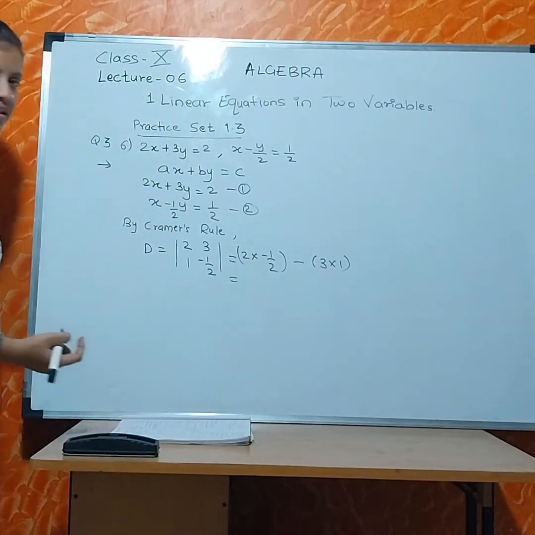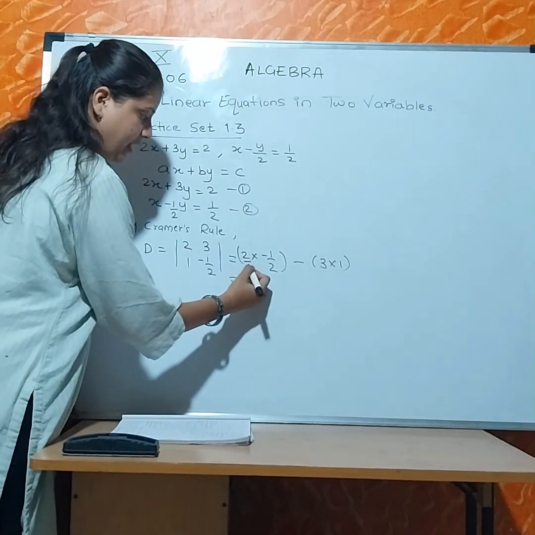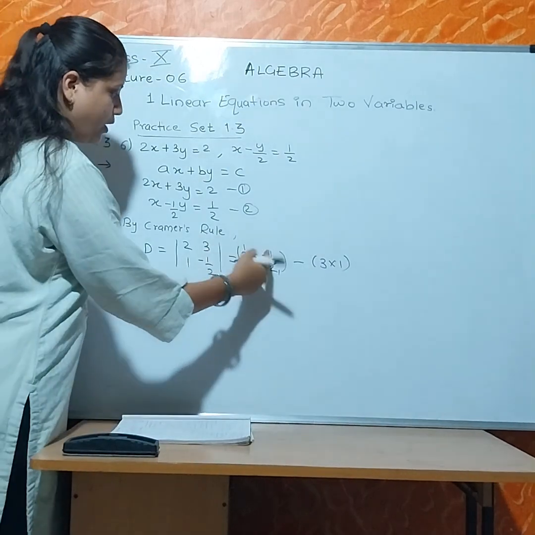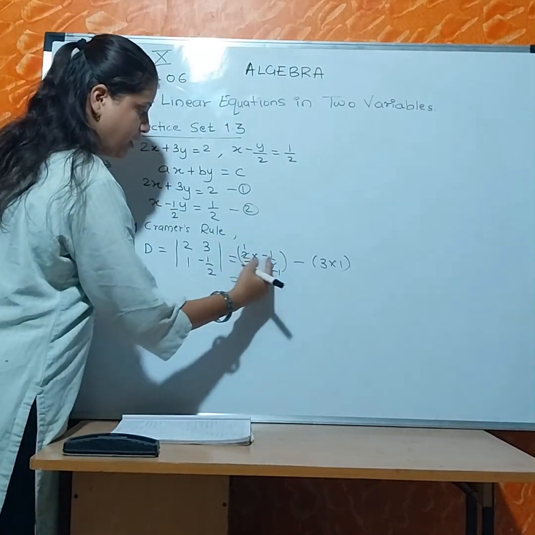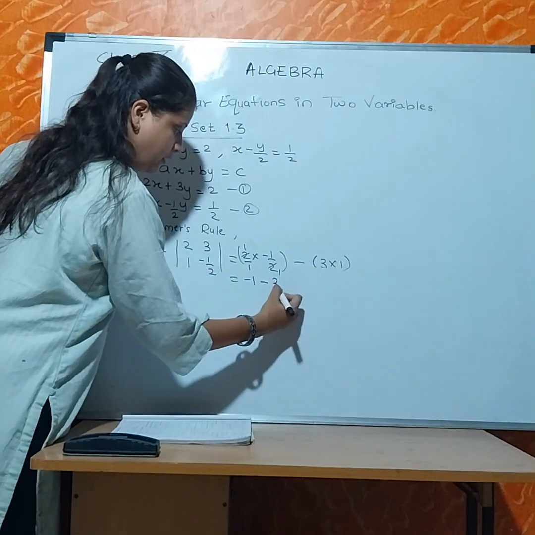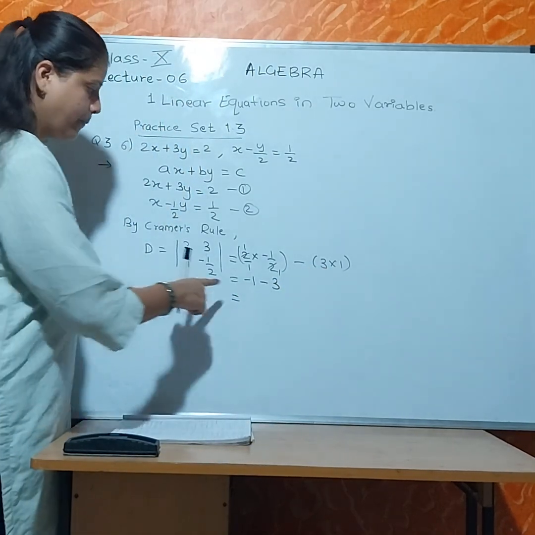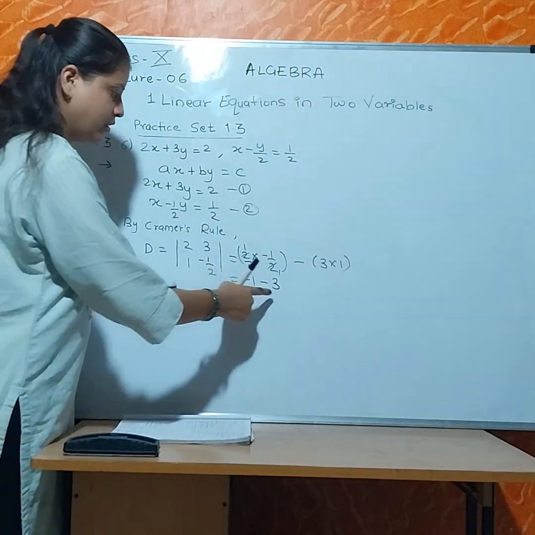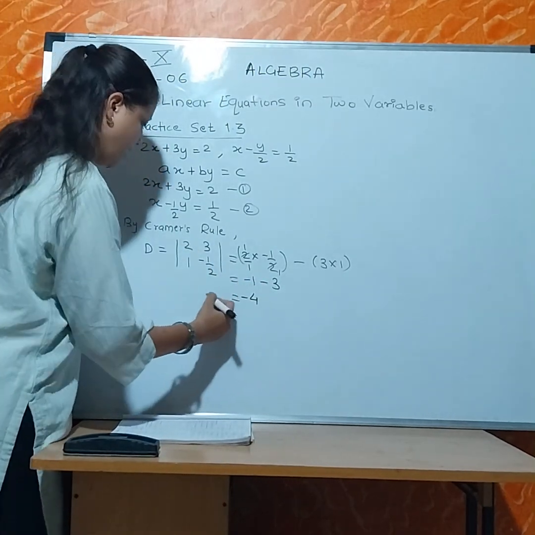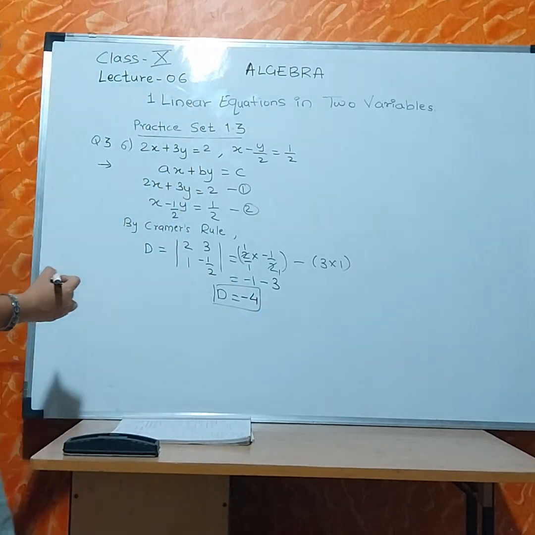Here the 2s get cancelled, so 1 with a minus sign, minus 3 into 1, 3. Now minus minus gets plus. So 3 plus 1, 4. The bigger number's sign is minus, so minus 4. The value of D we have got is minus 4.